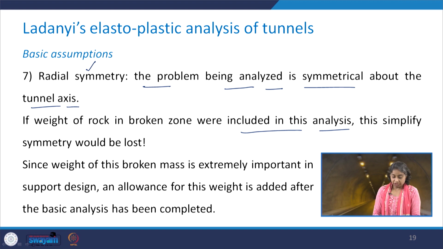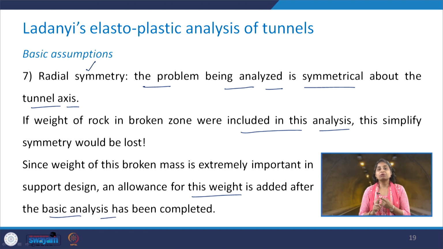So, we consider this weight after the completion of the basic analysis. You need to keep in mind that the weight of the broken rock is extremely important in the support design, and therefore it cannot be ignored.